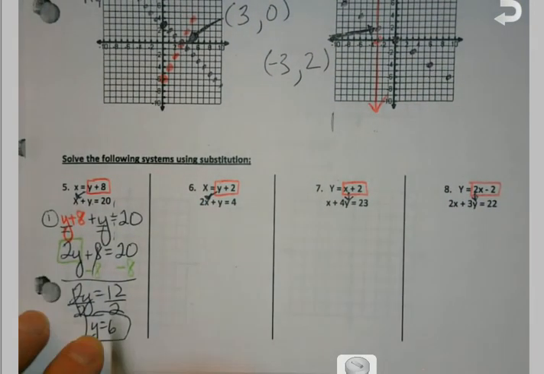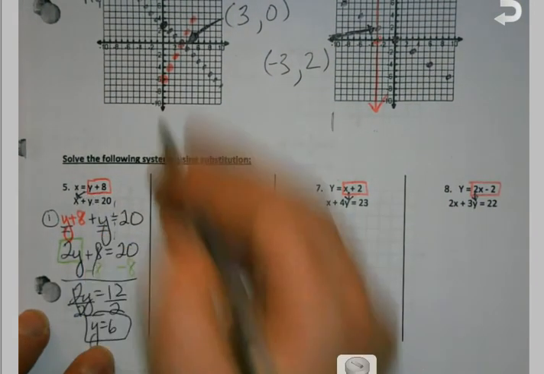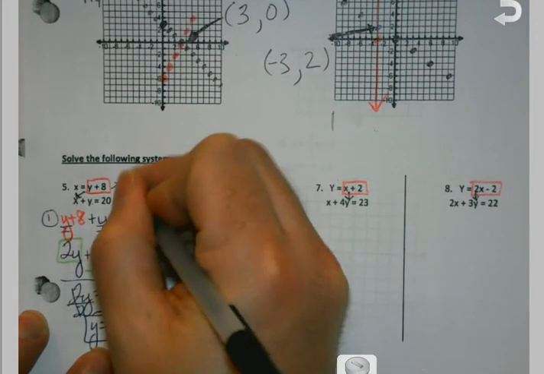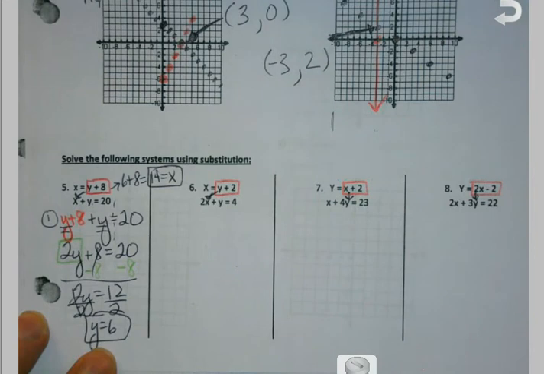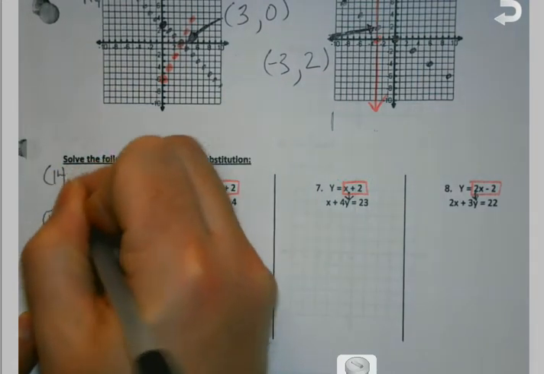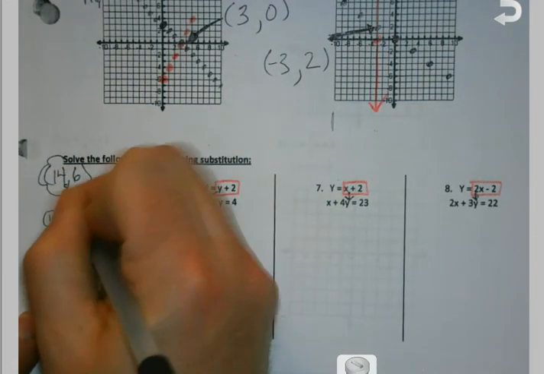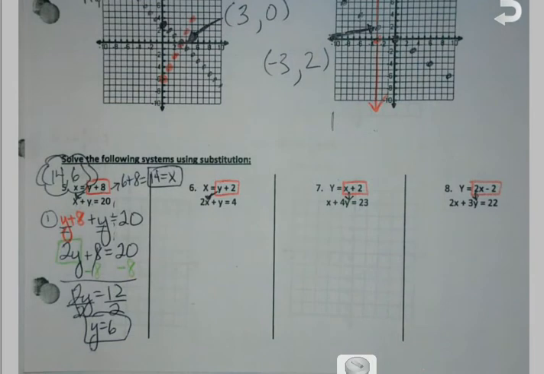Right, because I just plug that back in here where y goes. 6 plus 8 is 14. That's my x. And typically what we do then is we put the answer as a coordinate, x then y, just like in the alphabet.